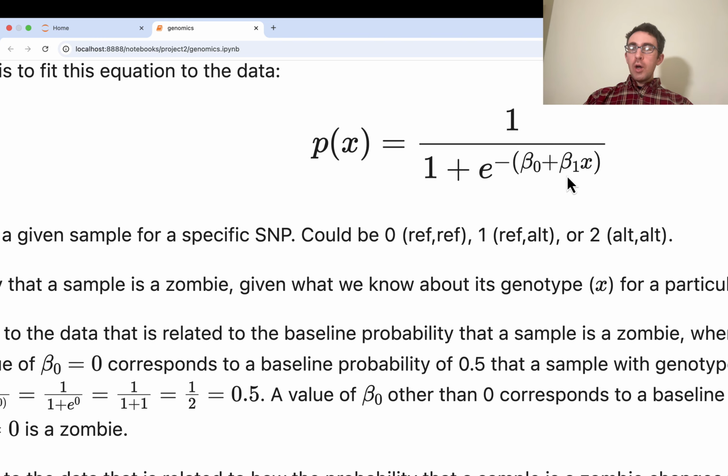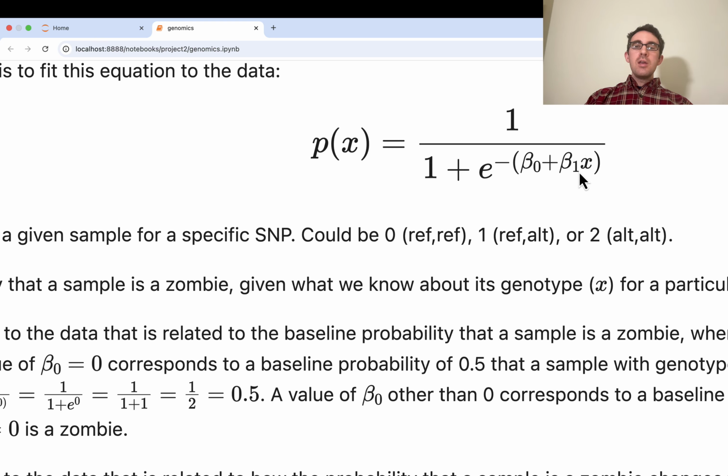So if beta 1 is 0, if our fit value of this parameter is 0, that means that having different genotypes doesn't actually change the predicted probability. Whatever we have for x, whether it's 0, 1, or 2, it doesn't matter, because even a 1 or a 2 will just be getting multiplied by a 0. So this whole term will just become 0.